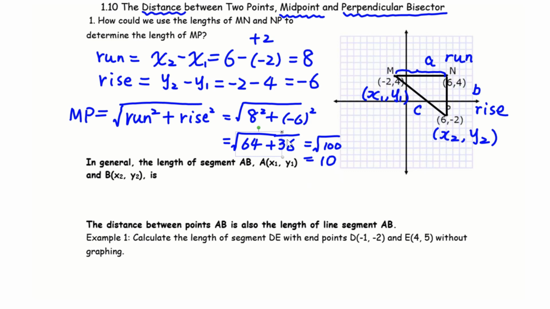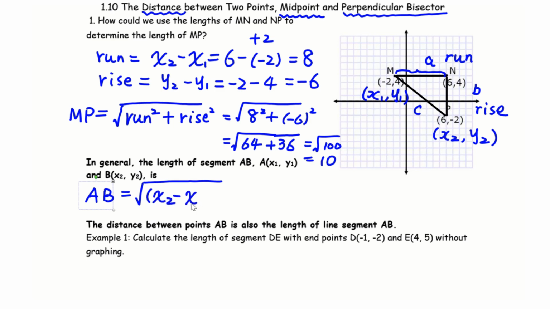From this example, we are able to see that in general, for the length of line segment AB, with one point x1, y1 and another point x2, y2, the general formula for the distance between 2 points is the rise and run, each squared, then added together.